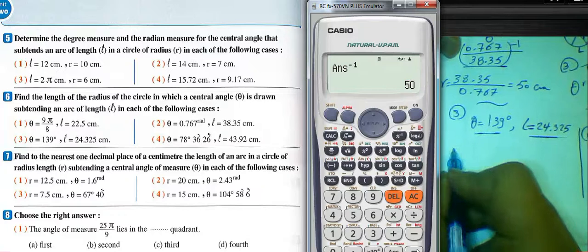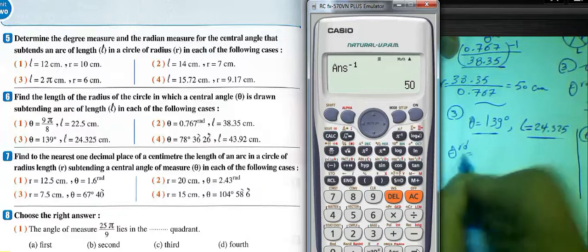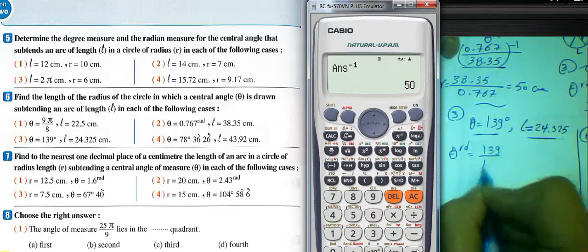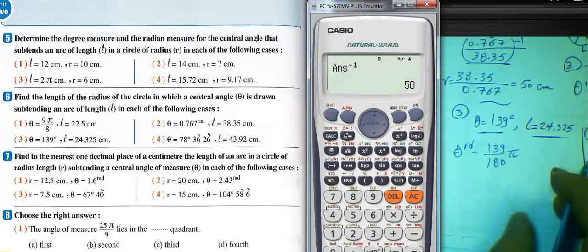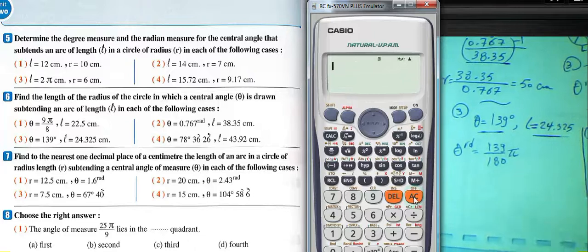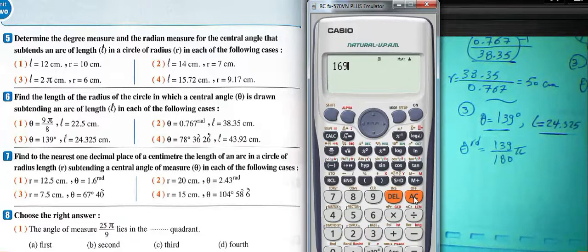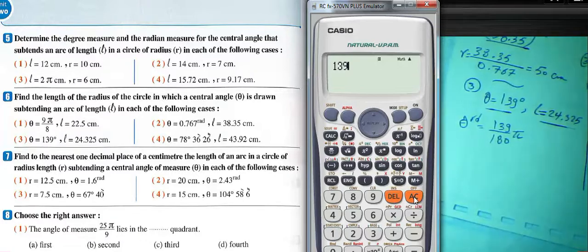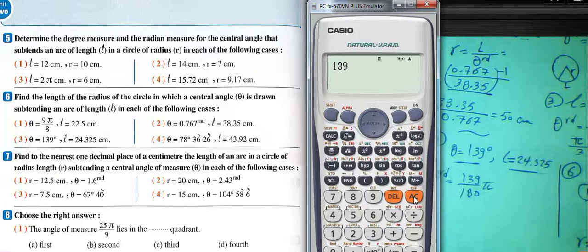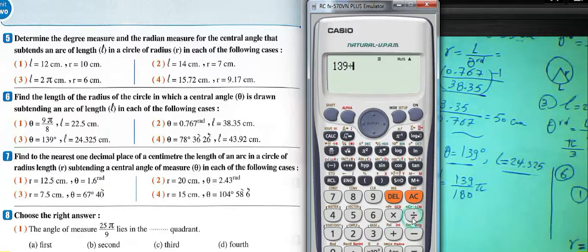We know theta radian equals 139 over 180 multiplied by pi. Using the calculator, 139 divided by 180 equal, and then we multiply the result by pi.